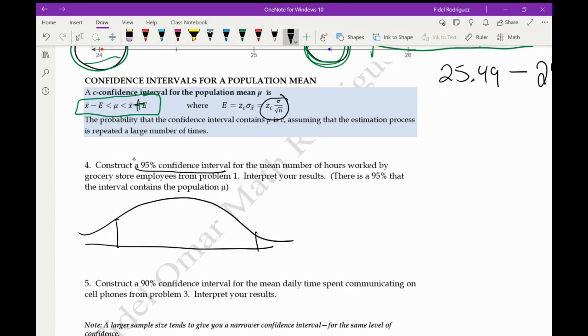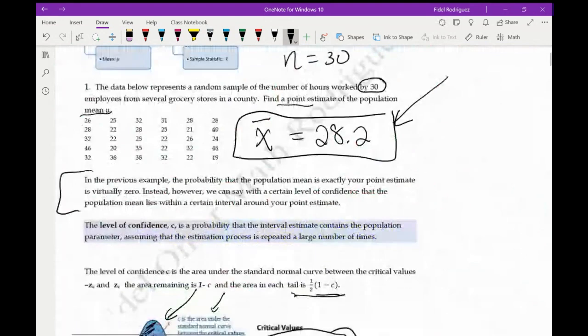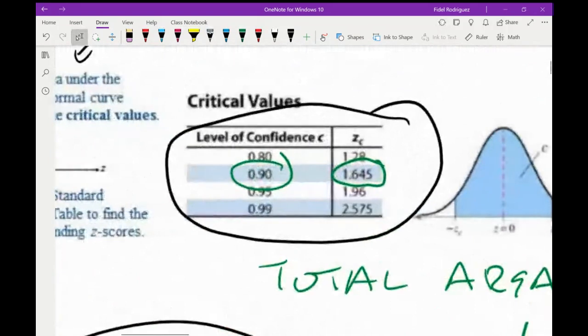We're going to look for our critical values here. One will be negative, one will be positive, so that we know that the area in that part of the curve is 95%. Because 95% is one of those common values, my ZC for 95 was, I'm going to scroll again because I know it's right here, 1.96.